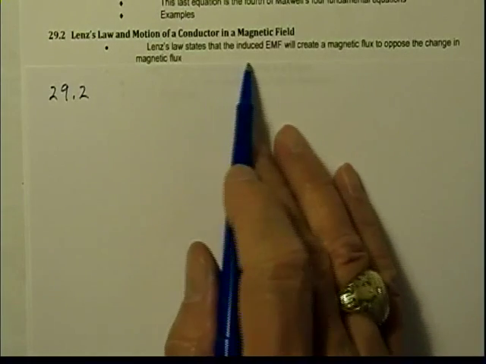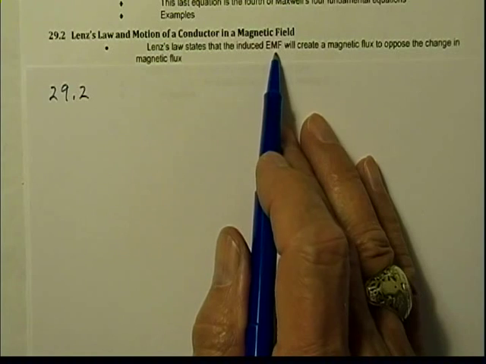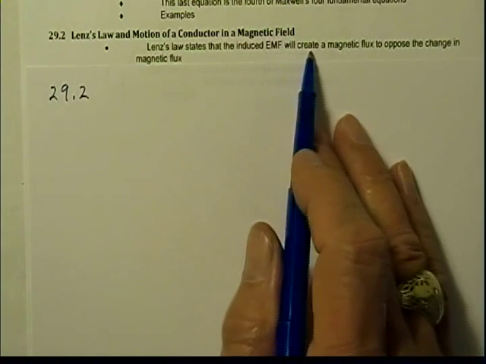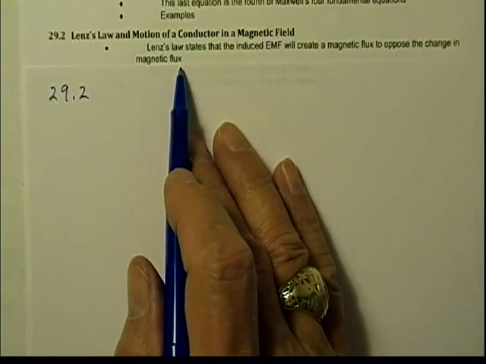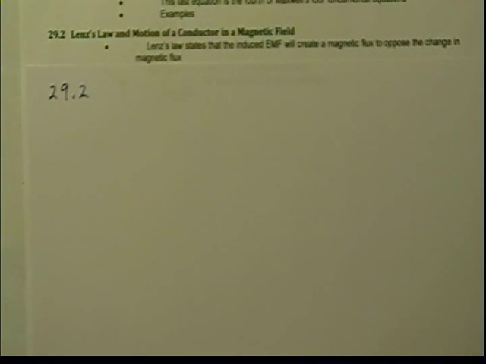Well, Lenz's law states that if we have an induced EMF, it will create a magnetic flux that opposes the change in the magnetic flux. This is kind of like a Murphy's law. In other words, whenever you induce a change, it will make a change reversibly that tries to make that magnetic field smaller.